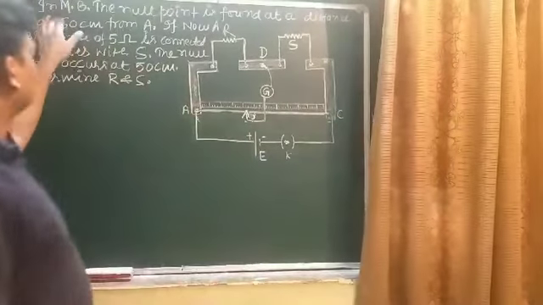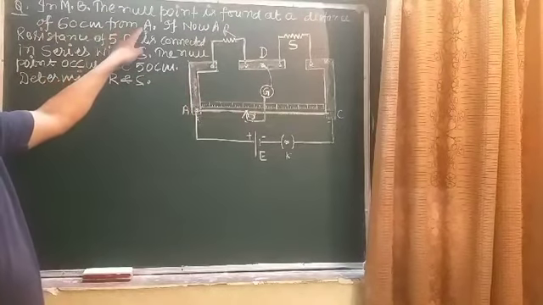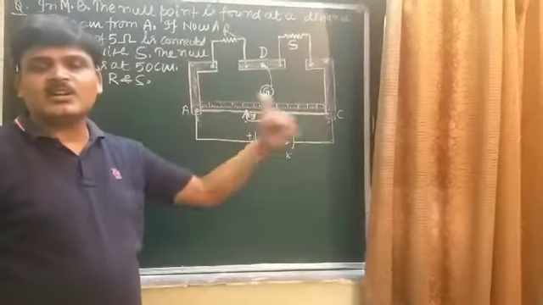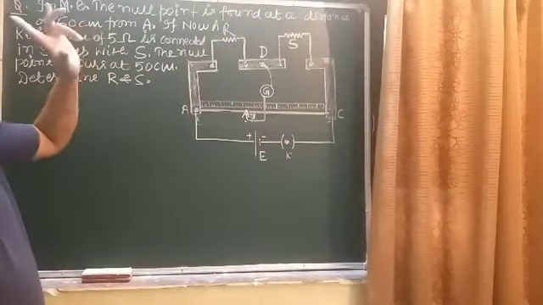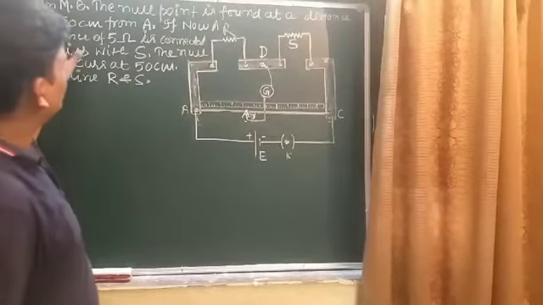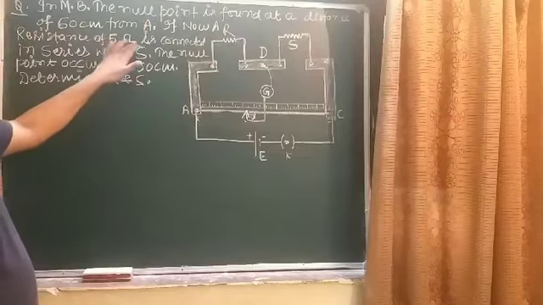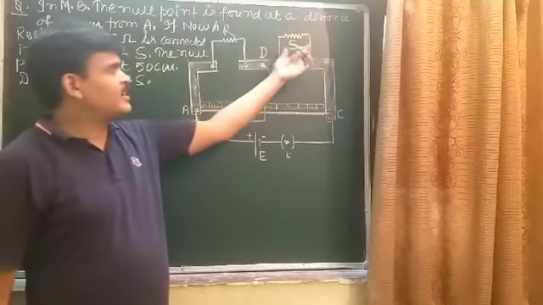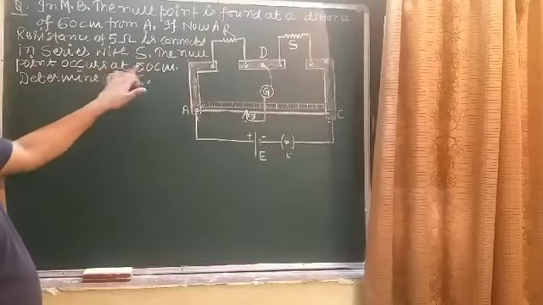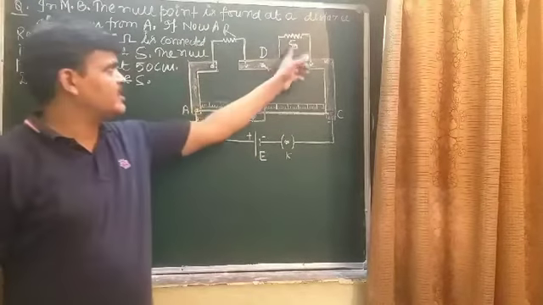Students, the question is that in a meter bridge, the null point is found at a distance of 60 cm from end A, and the total length of the wire is 100 cm. So in the first case, the null point is obtained at 60 cm from end A. Now a resistance of 5 ohm is connected in series with S. In the second case, the null point occurs at 50 cm when the 5 ohm resistance is connected in series with S.